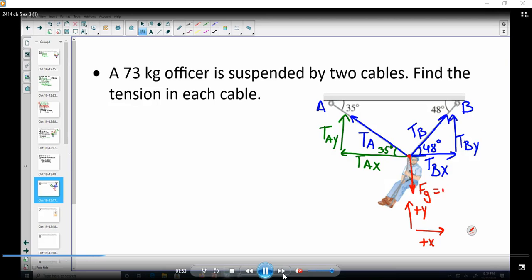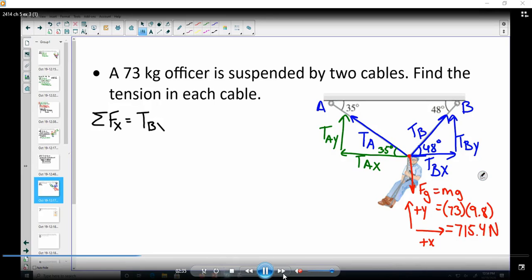So obviously the guy is going to pull down the force of gravity equal to m times g, which in this case is 73 times 9.8. And so the man has a force of 715.4 newtons.